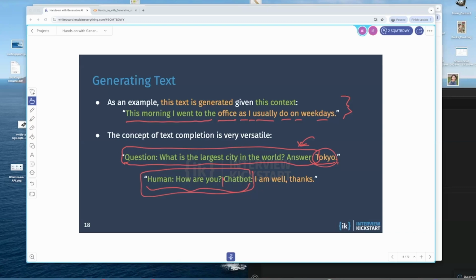And what you just get out of the box once you have such a capable language model is something that just works as a very knowledgeable chatbot. So this idea of text generation is a super versatile idea. If you have a language model that can do it well and it can understand these nuances of the prompts that I've given it, like what "Question:, Answer:" mean and what "Human:, Chatbot:" mean, and it can respond appropriately, then you've got a model that can perform a lot of useful tasks for you.